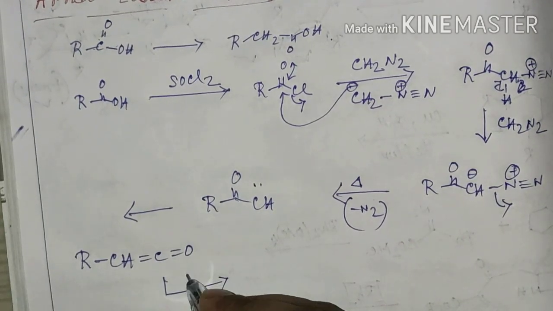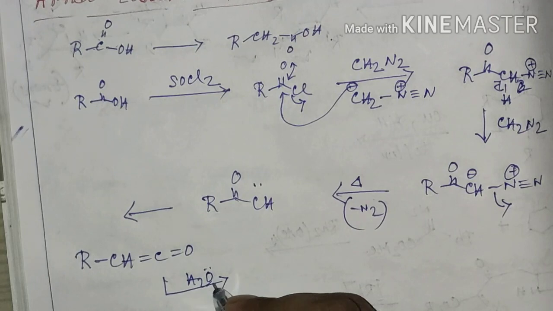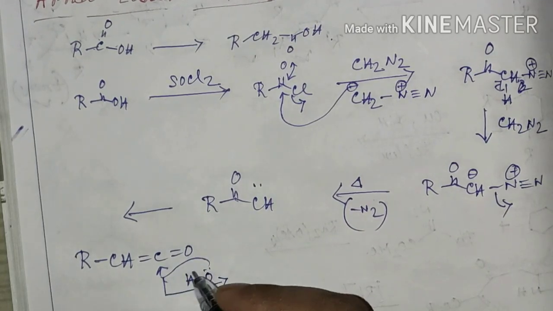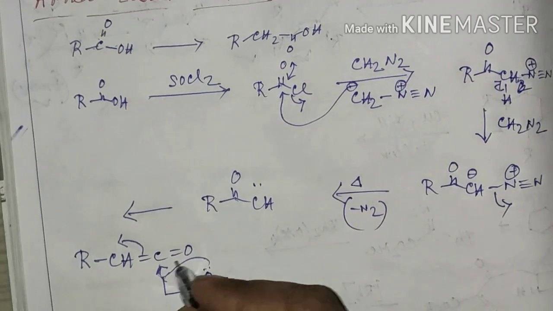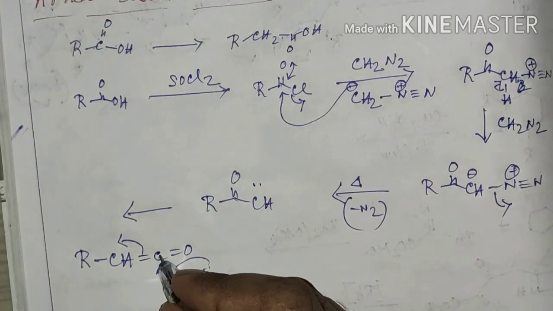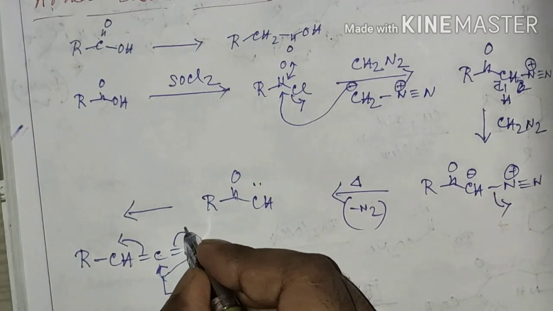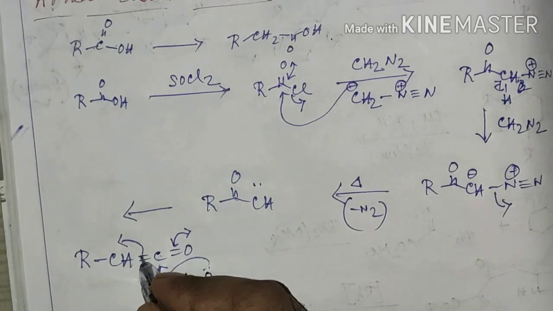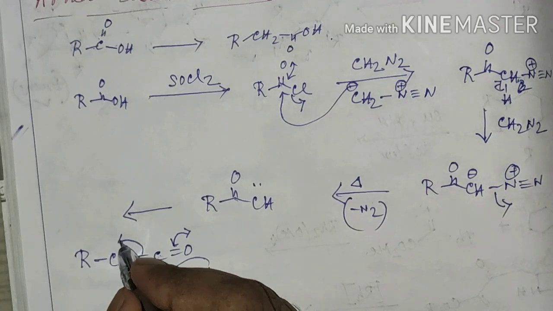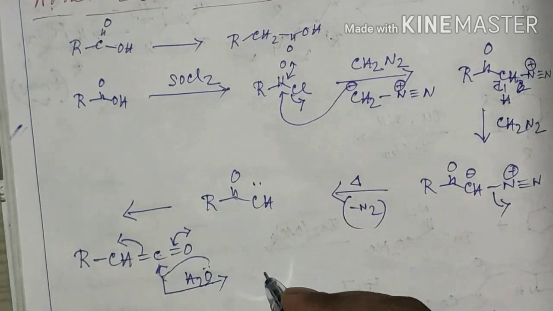And if it is reacted with water, then water will attack at this carbonyl carbon. It will open up in this way. At first, if water attacks at this carbon, then the carbonyl group opens up and then again forms a double bond, and ultimately this pi bond will open in this orientation.